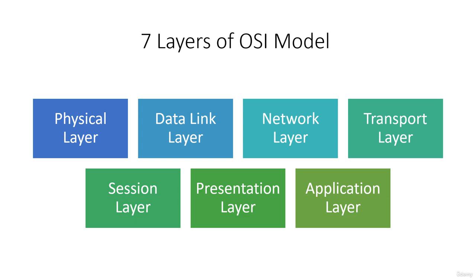This layer sees network services provided to end user applications such as a web browser or Office 365. The application layer identifies communication partners, resource availability, and synchronizes the communication.